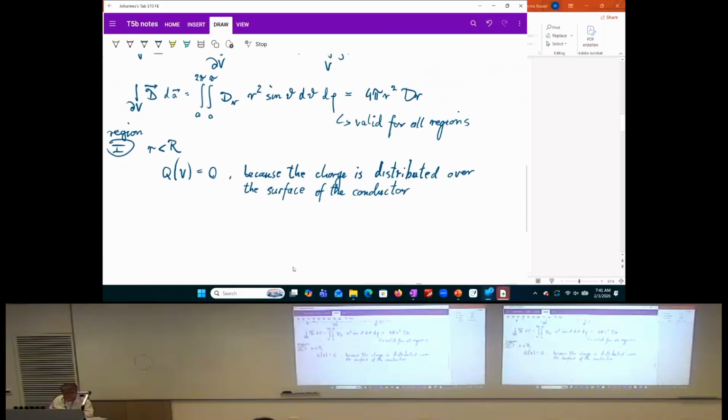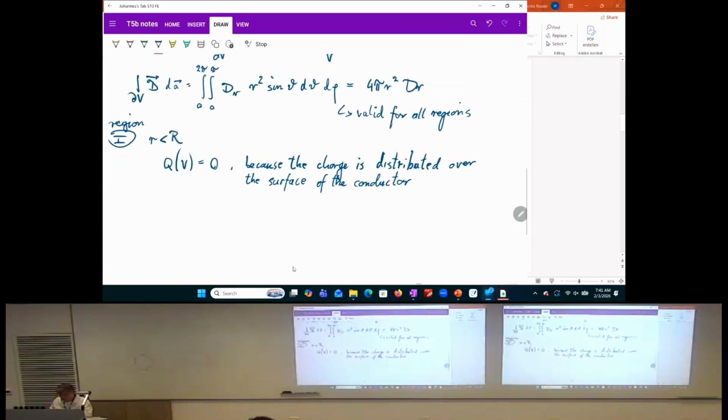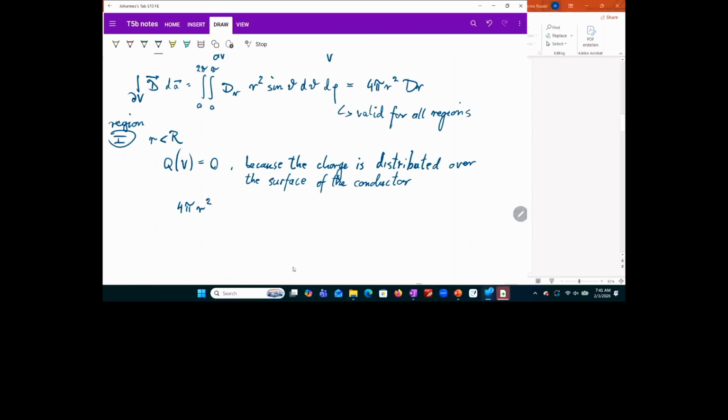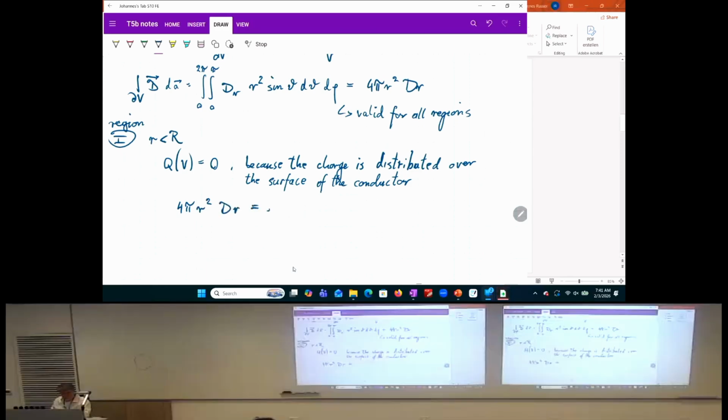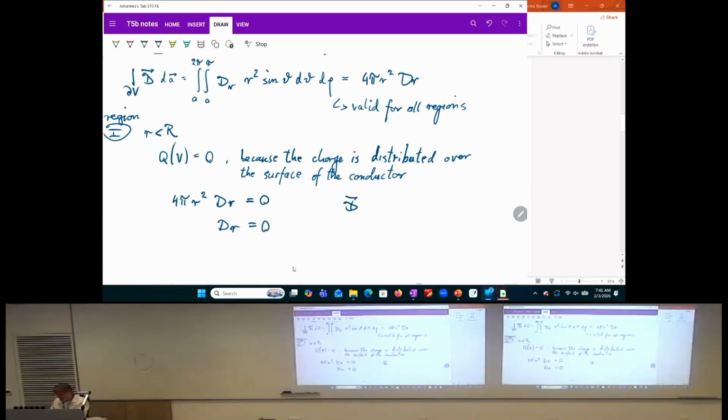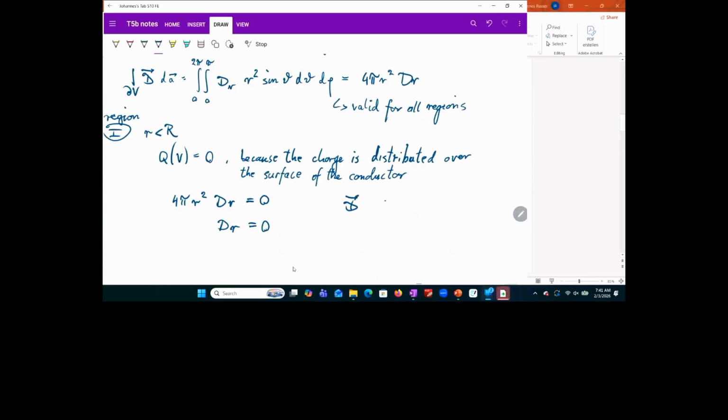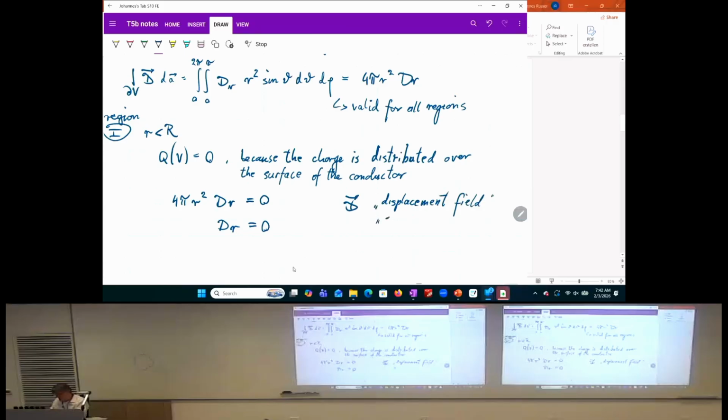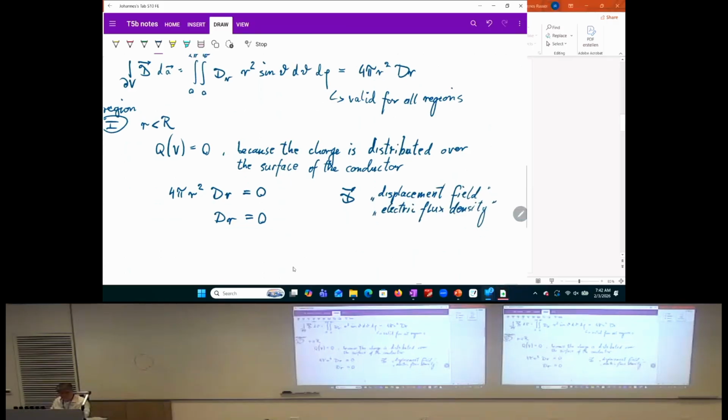Now, this is on the left-hand side of our Gauss law. We have evaluated the integration: 4 pi r squared D_r is 0. Well, that still means D_r is 0. So D, remember, is our displacement field, or you can also call it our electric flux density.